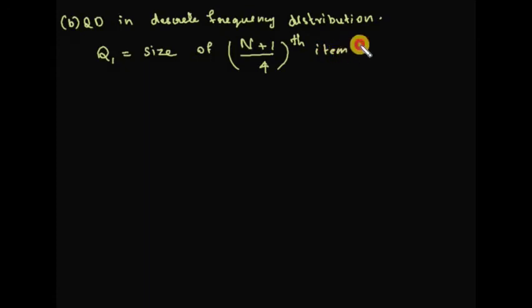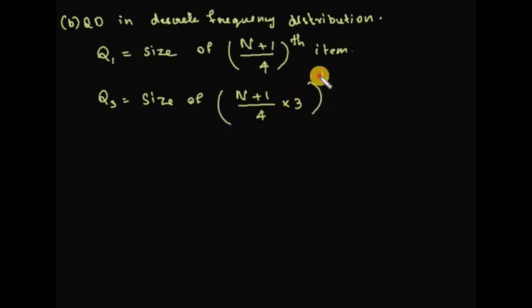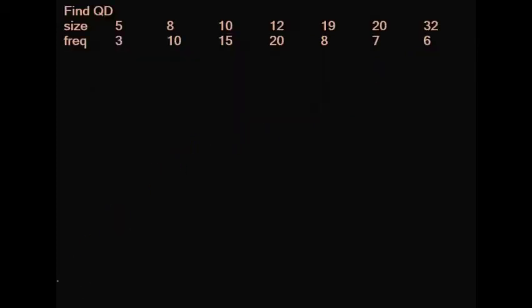Capital N is what? It is the sum of frequencies. Next, Q3 is size of capital N plus 1 by 4 into 3rd item, where N is equal to sigma f. So let's look at a problem. So this is the question. Let's form it as a table.